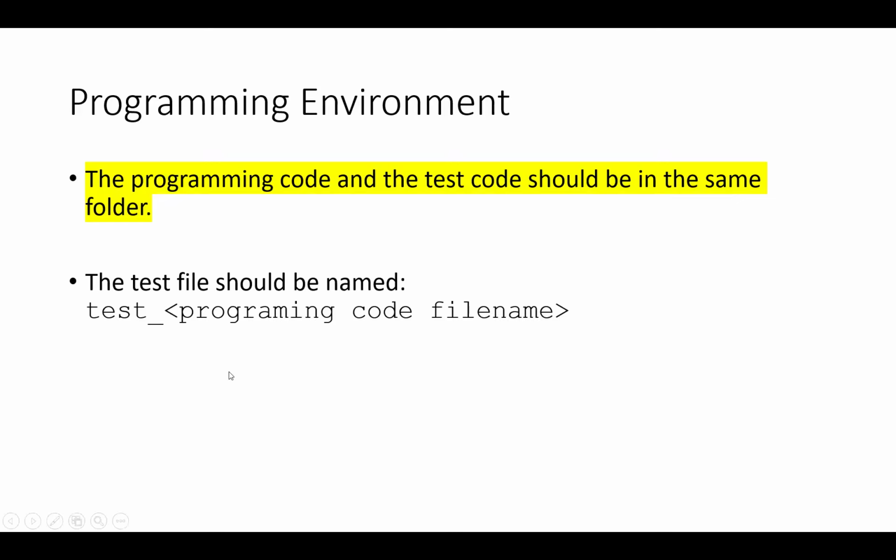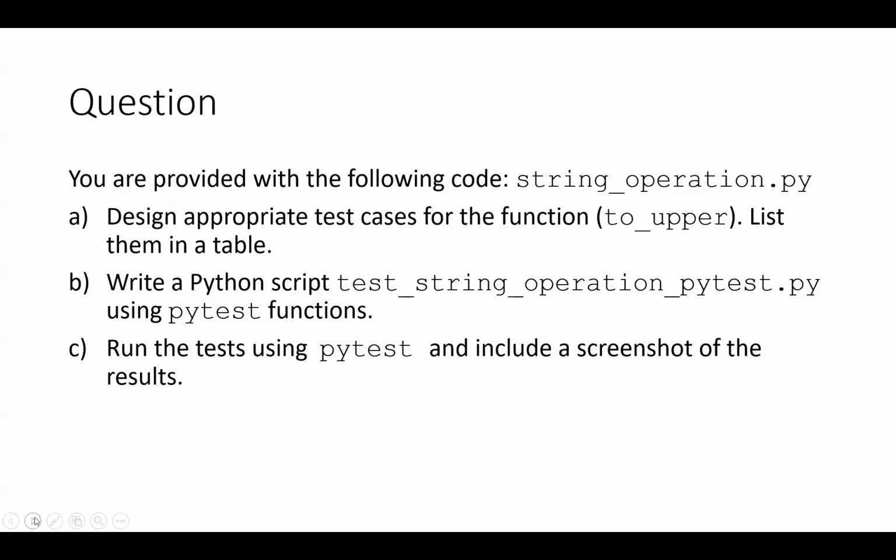Generally, the PyTest file will be named in a similar format, but you could include an indicator. So, for example, in the questions here, I normally end the PyTest programming code with underscore PyTest. So it starts with test underscore and the programming code name, but it ends with underscore PyTest to distinguish it from the unit test programming code.